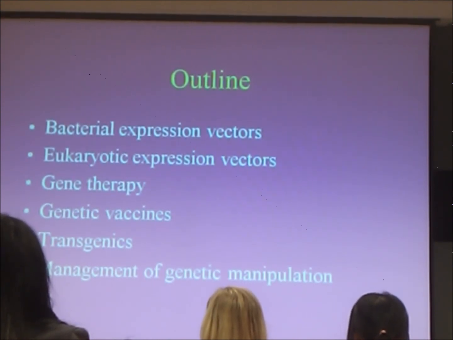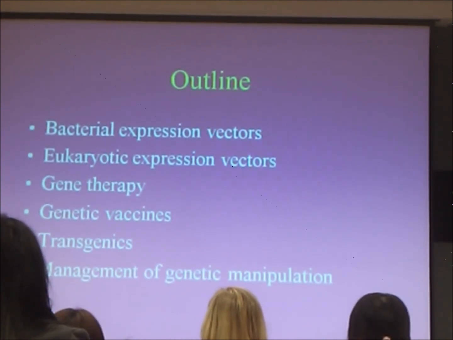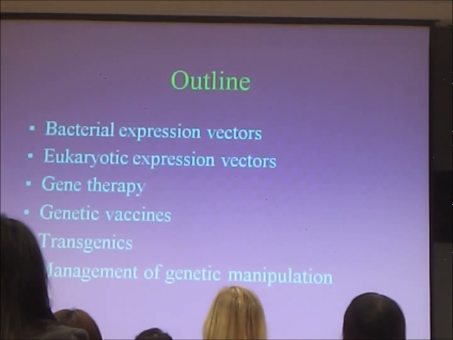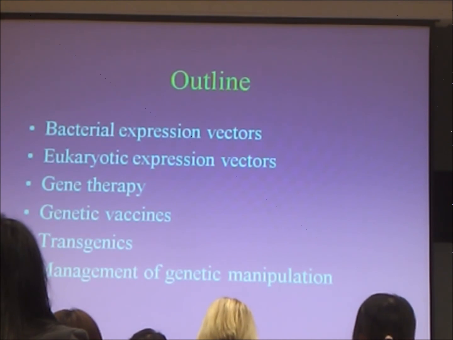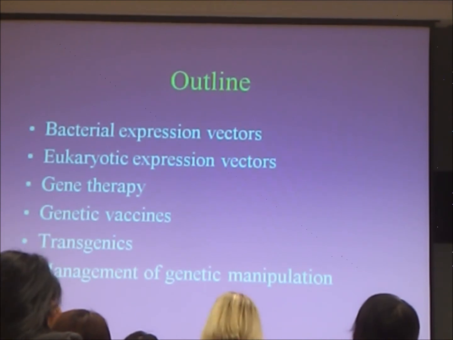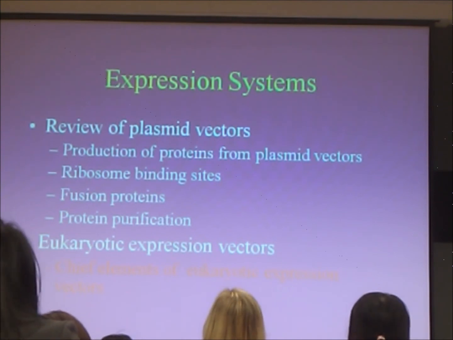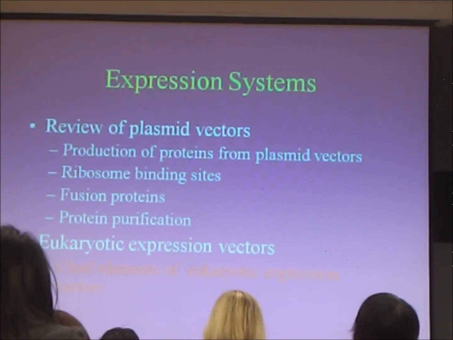The final way we've tried to emphasize this is to get you to think about, well, if we know how DNA is transcribed into RNA and translated into a protein, we can use that knowledge and technology to our benefit to artificially express genes in bacteria, in eukaryotes, in viruses, and we can use that for benefits in terms of gene therapy, developing vaccines, transgenic animal technologies, and so on.